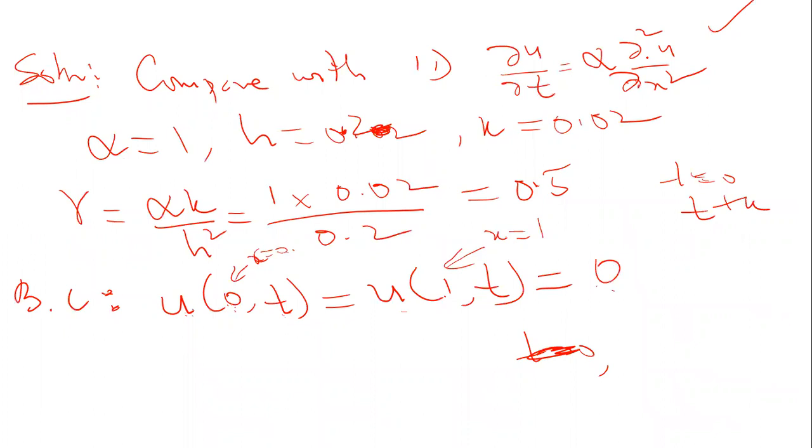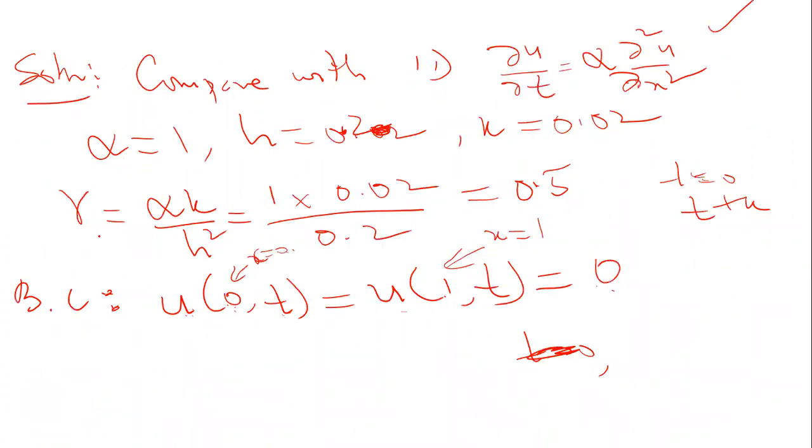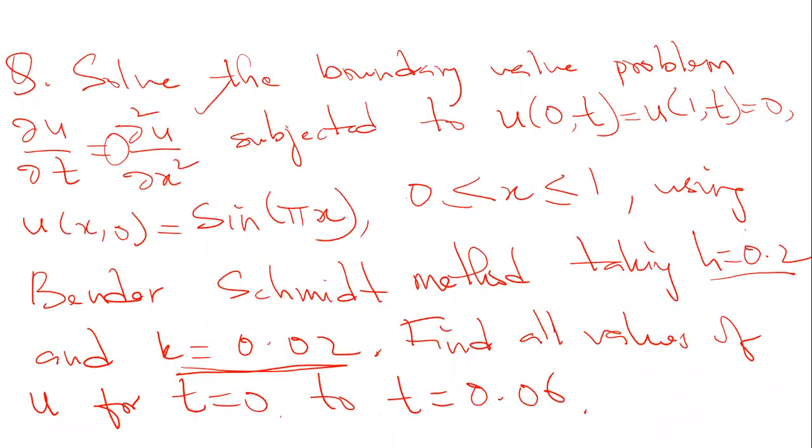Now, another condition we have in our problem is u(x, 0), that is called the initial condition. At the initial time, u as a function of x and 0 is sine pi x.